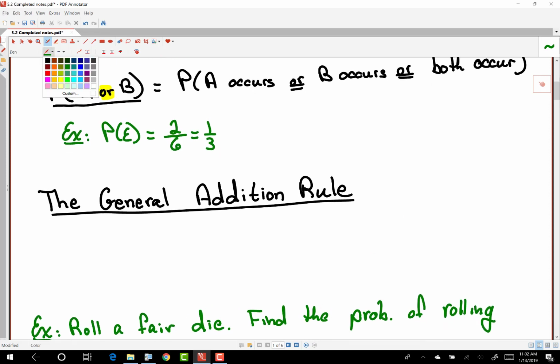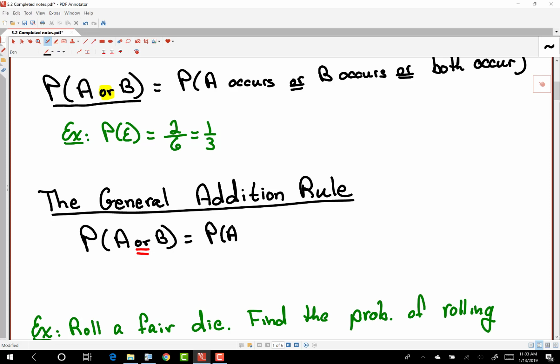And what the general addition rule says is, if you are looking for the probability of A or B, and again, this "or" is the indication that you're using the general addition rule, well, it's equal to the probability of A plus the probability of B minus the probability of A and B occurring at the same time.